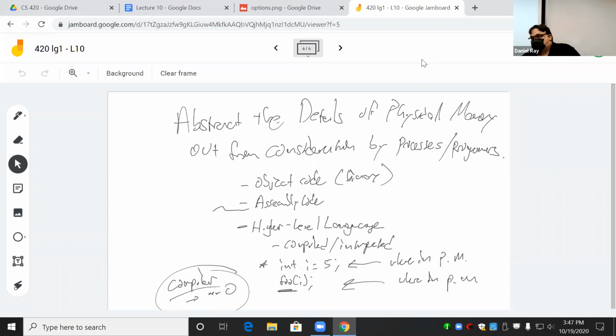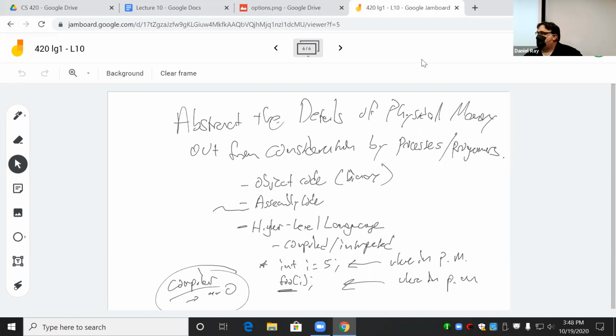That's not a safe bet, okay? So if we have imagined that our memory goes from 0 to however big our program is, and our program gets thrown in physical memory at some location other than 0, then all of our calls begin to be wrong, okay?